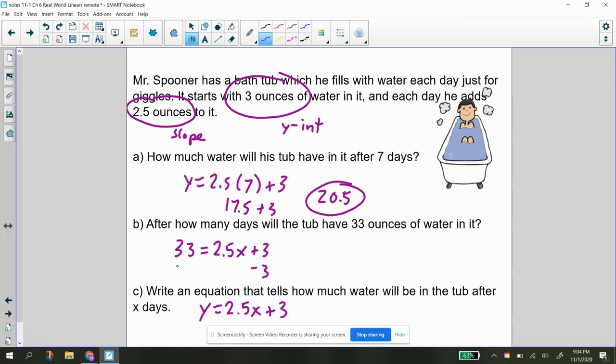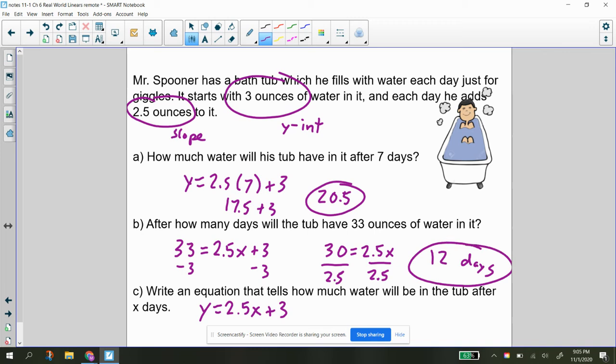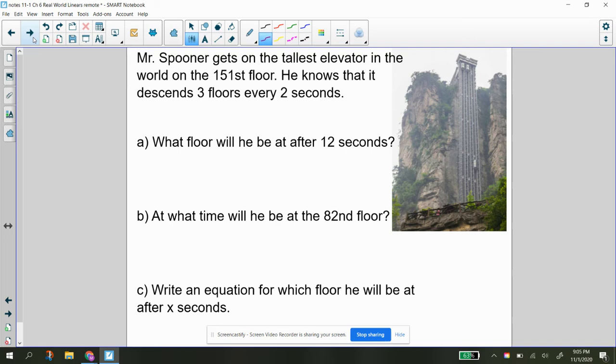You can subtract 3, 30 equals 2.5x, divide by 2.5, divide by 2.5, and I think that's going to give you around 12 days. Let's check, 24 times half, yeah, 12 days. I don't think you have to use the equation here. You could have just figured it out by counting or doing a little multiplication, but I think the equation makes it a little clearer. So how about one like this?